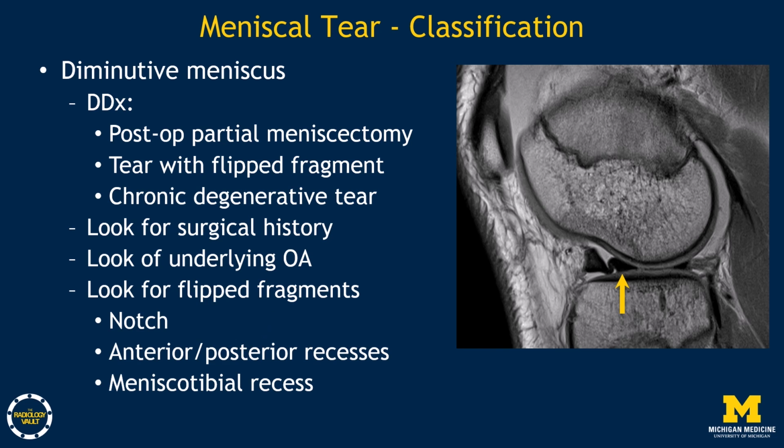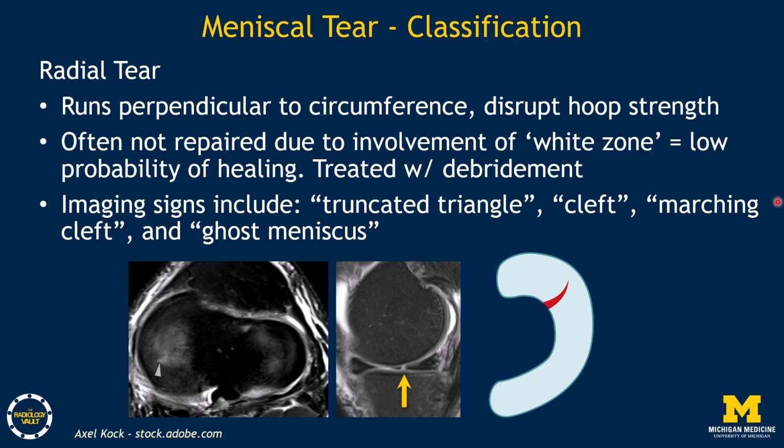In contrast to horizontal and longitudinal tears, radial tears disrupt the meniscal hoop strength, resulting in a dramatic loss of function and possible meniscal extrusion. They often are not repaired due to involvement of the white zone, so the treatment option is debridement.